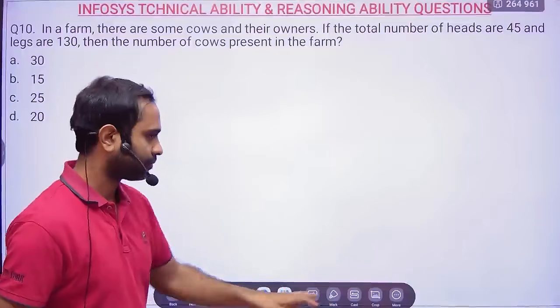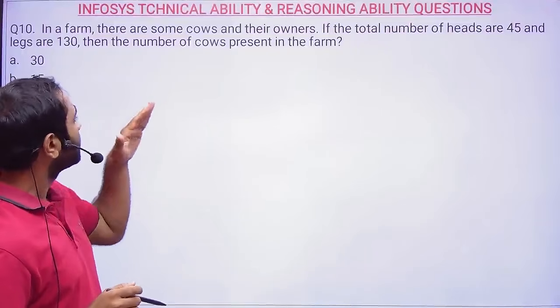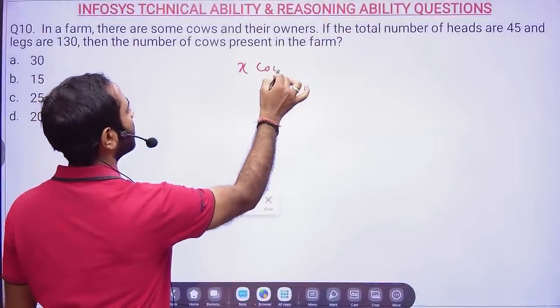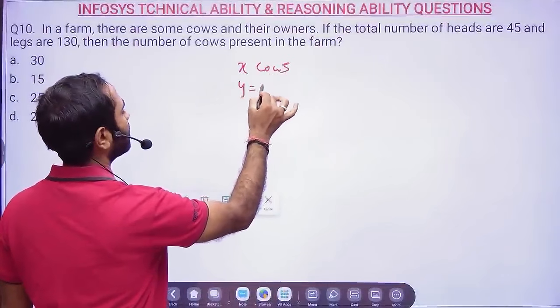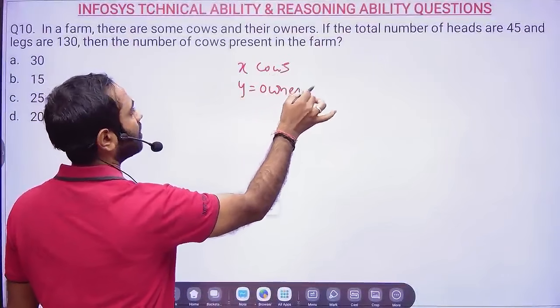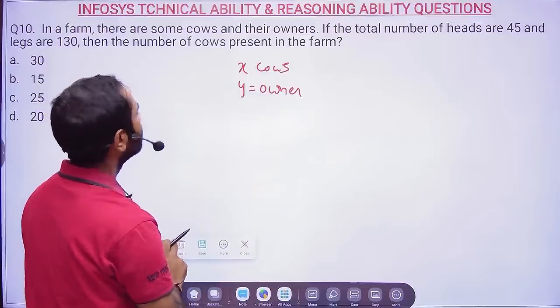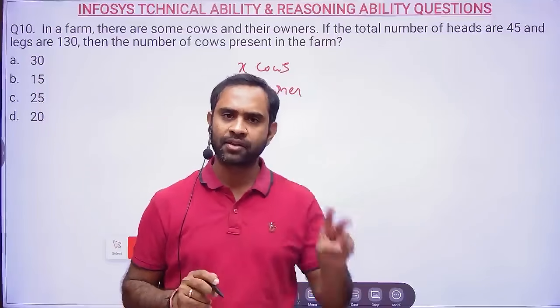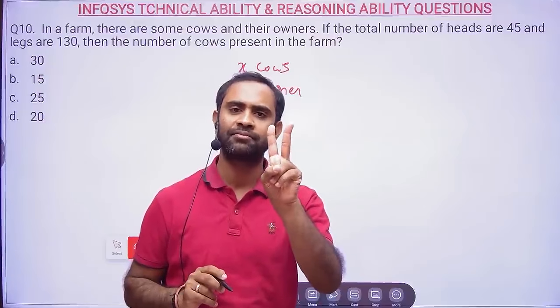Question number 10. In a farm, there are some cows and their owners. Assume X cows and Y owners. If the total number of heads is 45, a cow, how many heads will be there? Only one head.